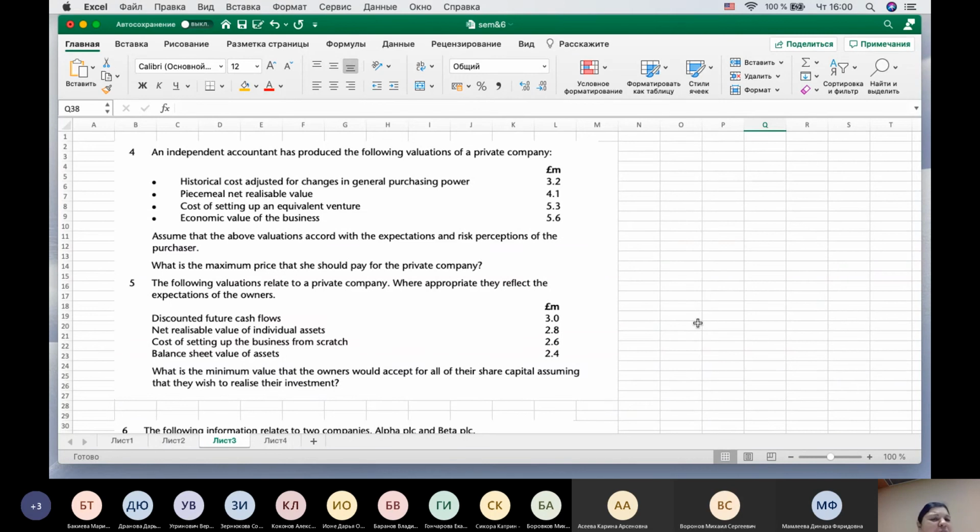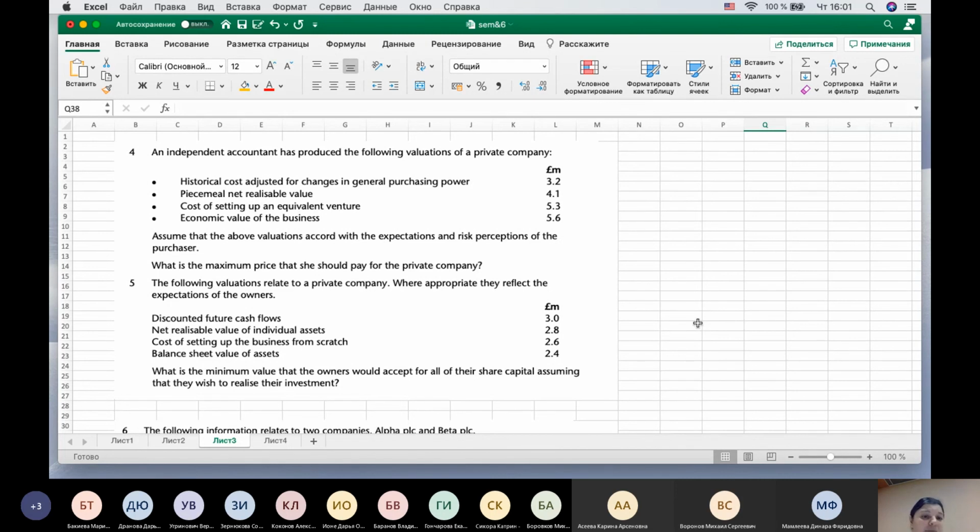Perhaps the historical cost, but this cost is connected with the previous period of time, and we won't be interested in it. As for piecemeal net realizable value, it means our liquidation value, but we believe in the future and perspectives of this company.